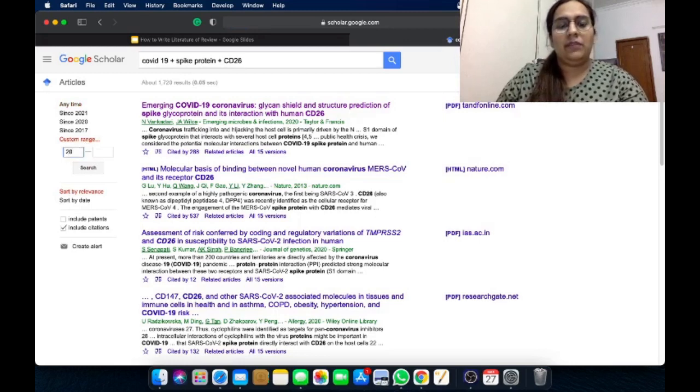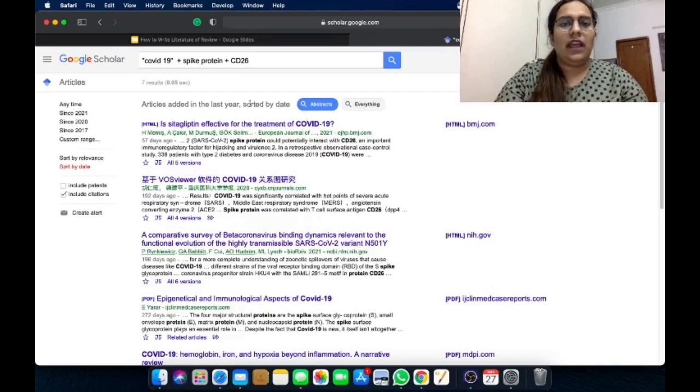Likewise, I need papers from 2010 to 2020. So this is my custom range. You can sort by relevance or sort by date as well, and choose abstract basis as well, or everything basis, if you need everything in it.